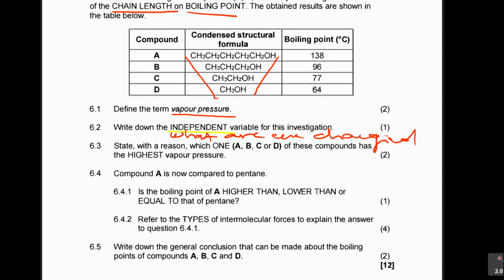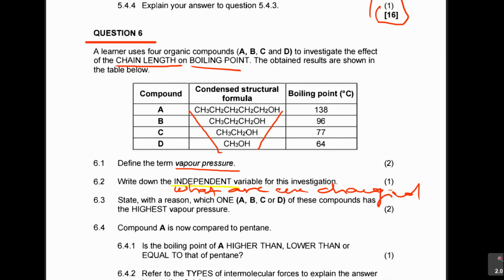That's the independent. The dependent is the one which follows that change. You can see that here we are changing chain length. So the independent variable is chain length. And then boiling point becomes the dependent, because when we change the chain length, boiling point gets affected.